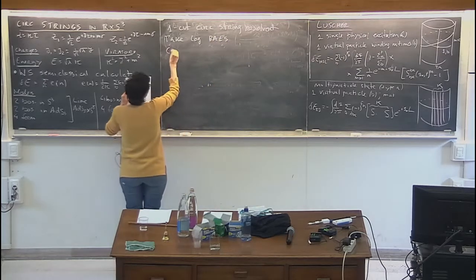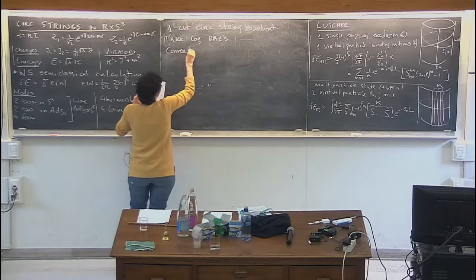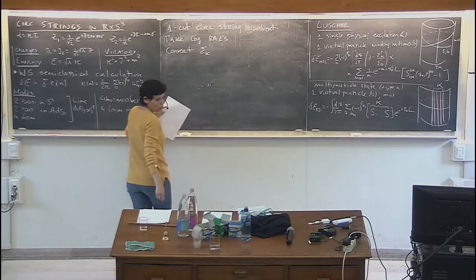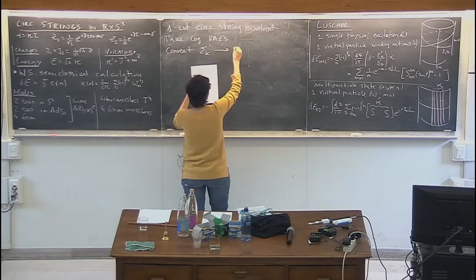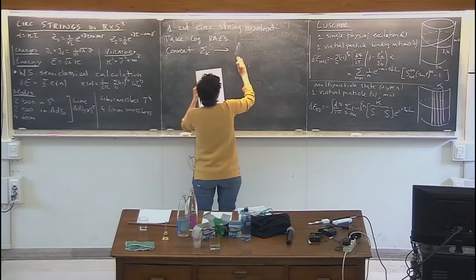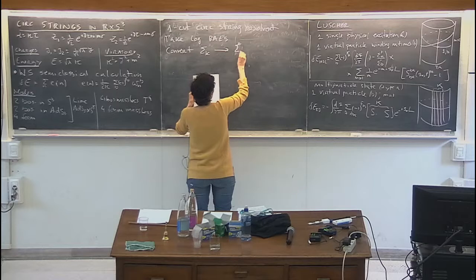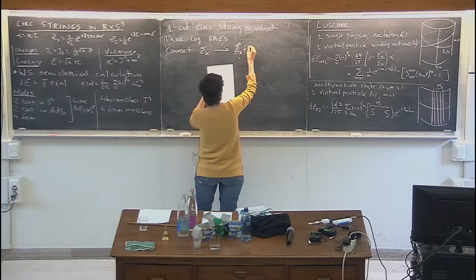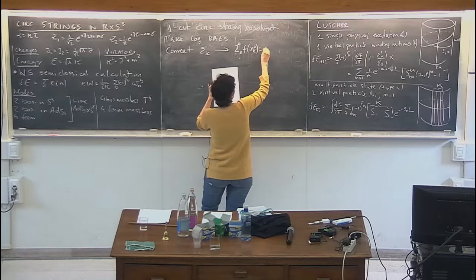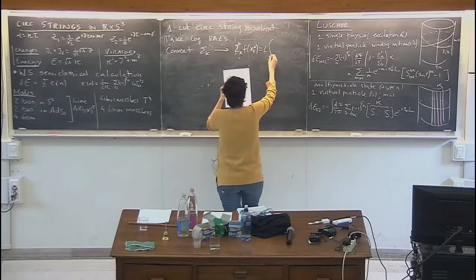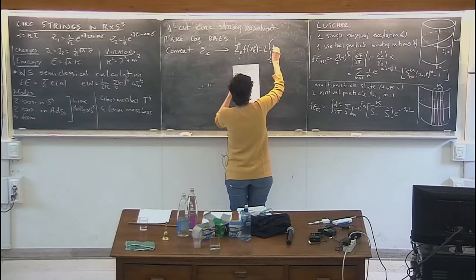I convert any sums over the roots into integrals. So basically a sum over k of f of x_k, plus or minus, becomes some L integral over the cut dz.